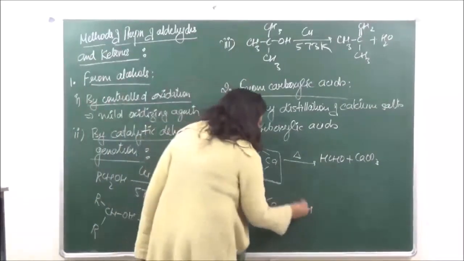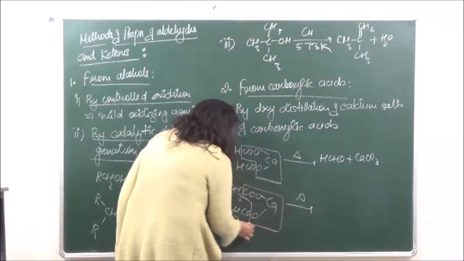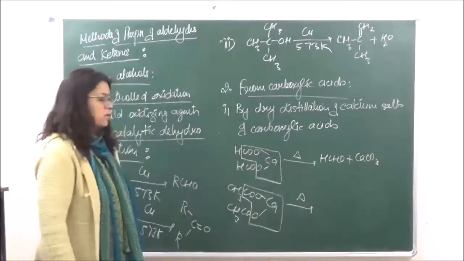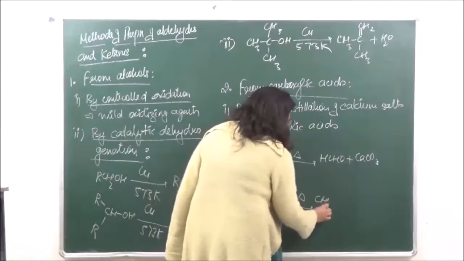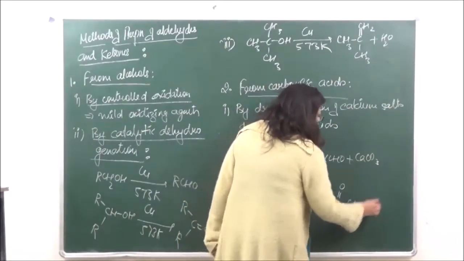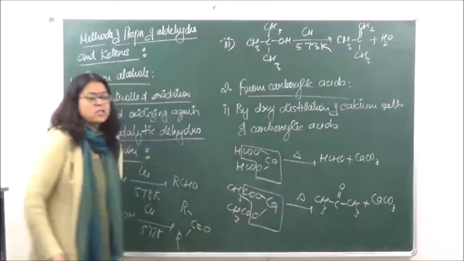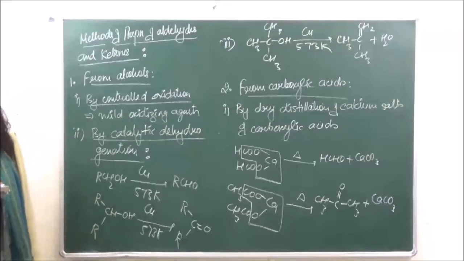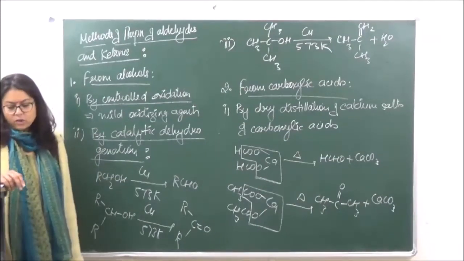On heating, this is also going to lose a molecule of carbon dioxide and we are going to get a ketone, CH3C double bond O, CH3, plus calcium carbonate. Now over here, generally the yield is very poor. We do not get a high yield of the aldehydes and ketones.